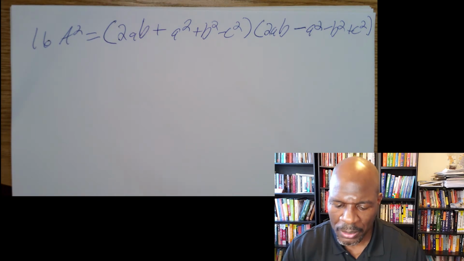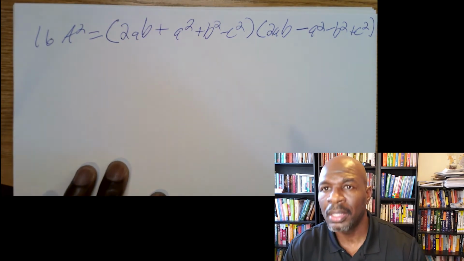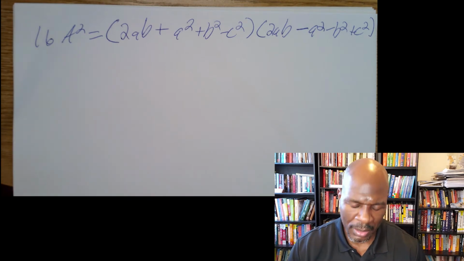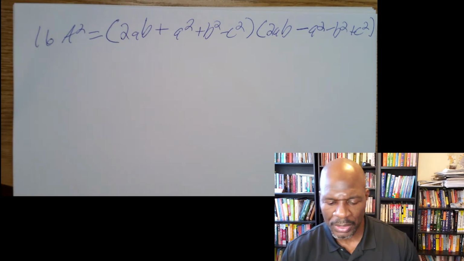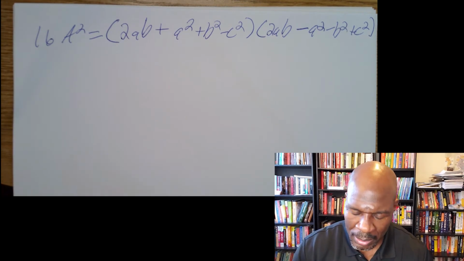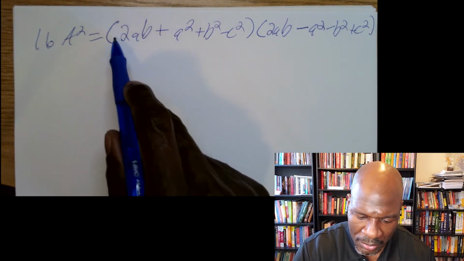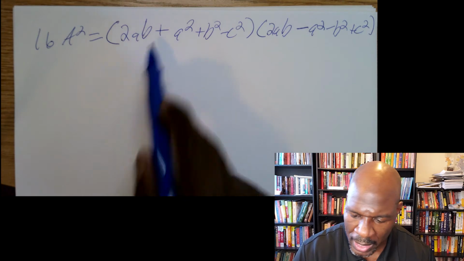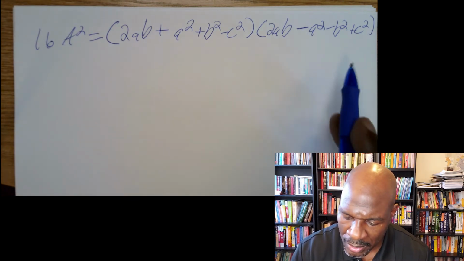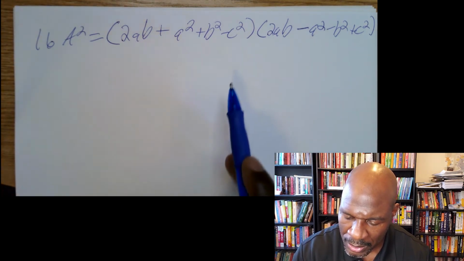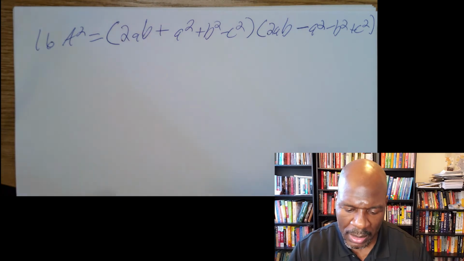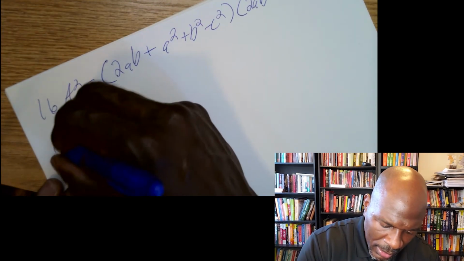Now let me reorder these items, and when I reorder them, the way they look should remind you of something. So I'm going to put the a squared and b squared in front. Well, I'm going to put the a squared in front of this guy and the b squared after. Over here, I'm going to put the c squared in front, and I'm going to put the 2ab in the back. So it's going to look something like this.